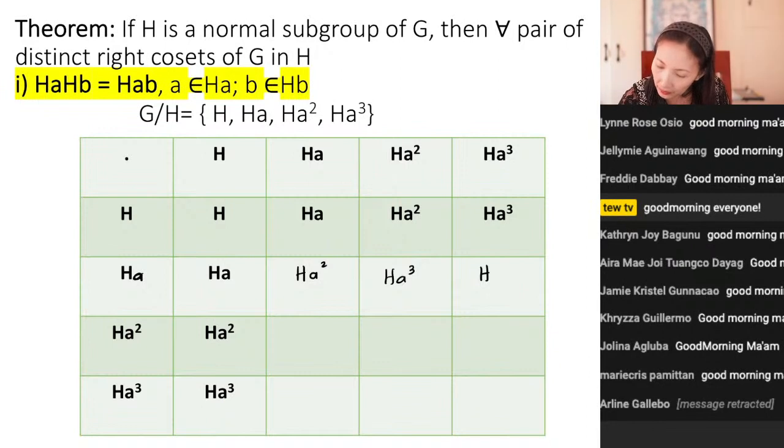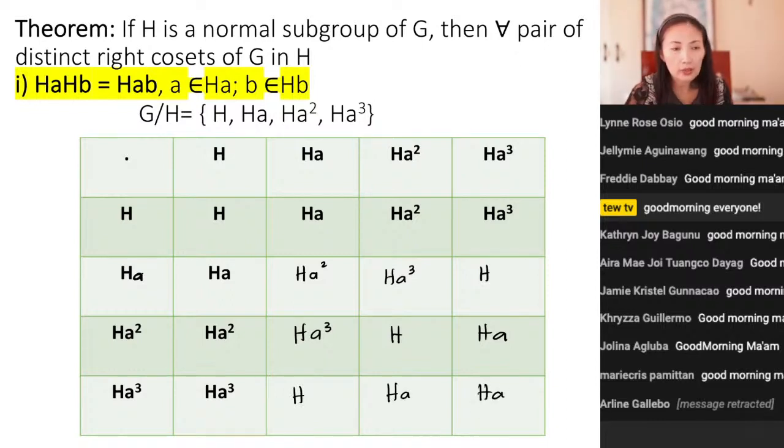Next, this will be H, A to the third, H, and then HA. This one will be H, then HA, and then HA squared. So that completes the table.